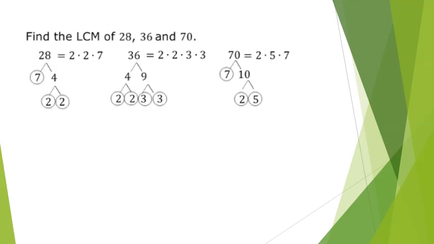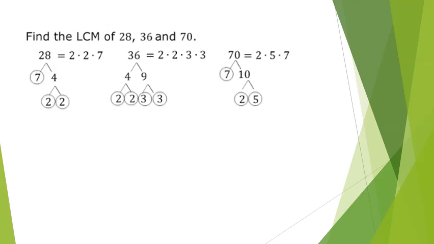Now that we have them circled, we're going to list them. This is probably the easiest thing to do in finding the least common multiple. It's basically just listing them because you did all the work finding them. So the prime numbers for 28 are 2 times 2 times 7. For 36, we look at what we have circled: 2 times 2 times 3 times 3.